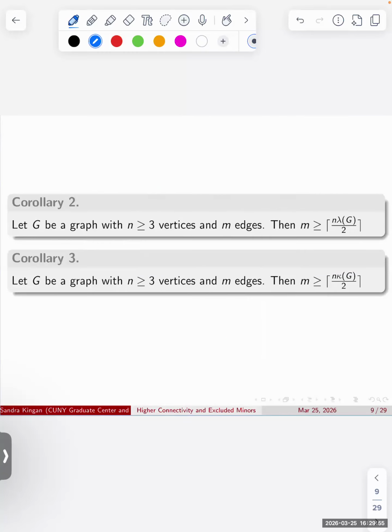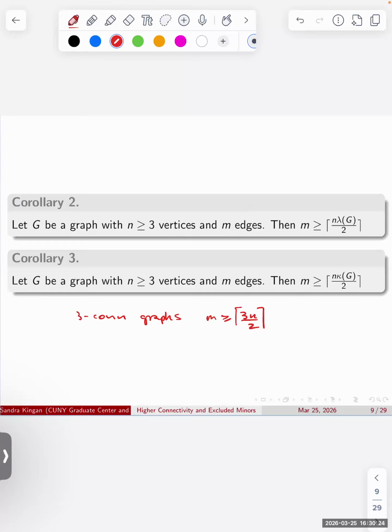So corollary two, from this we get this very nice result that the number of edges is at least n lambda(G)/2, and then immediately after that we can say it's at least n kappa(G)/2. And for three-connected graphs, we have m is at least 3n/2.